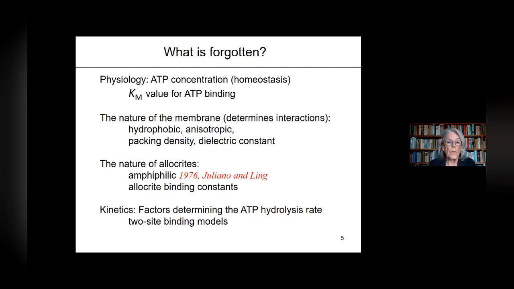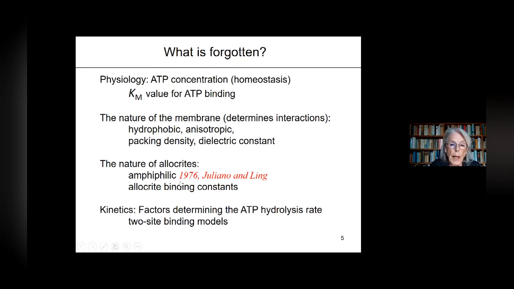The membrane is hydrophobic. It's anisotropic, which means it is structured. It's fluid, but there is still a structure. It has a certain packing density of these lipids. And very importantly, it has a dielectric constant. The dielectric constant of the membrane is very low.